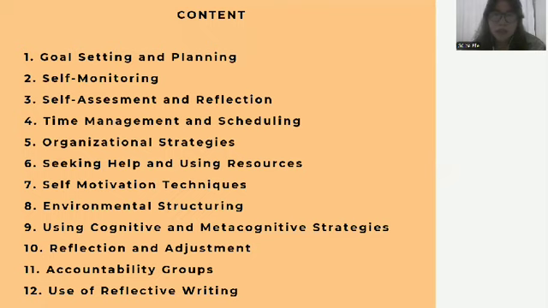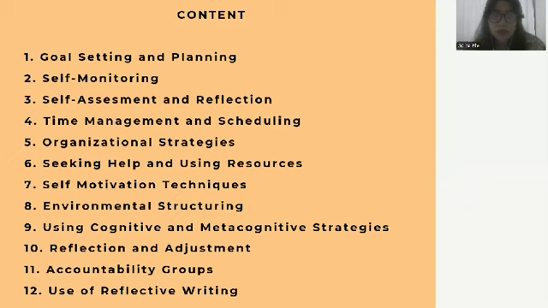These are the strategies I will talk about. There are 12 of them. I will explain these strategies, and this will be basically the content of my presentation. I will explain goal setting and planning, self-monitoring, self-assessment and reflection, time management and scheduling, organizational strategies, seeking help and using resources, self-motivation techniques, environmental structuring, using cognitive and metacognitive strategies, reflection and adjustment, accountability groups, and use of reflective writing.